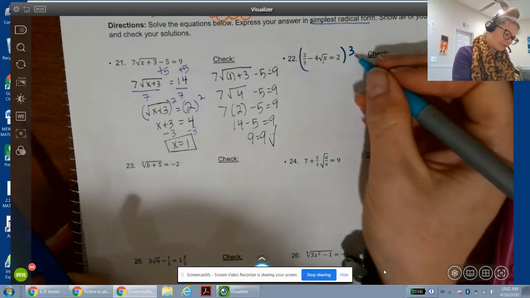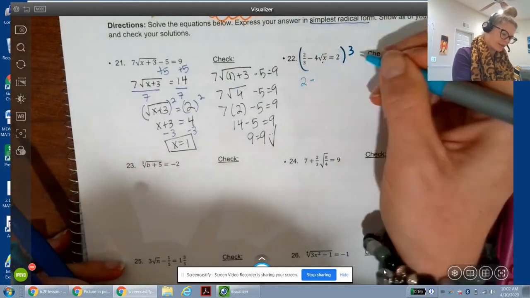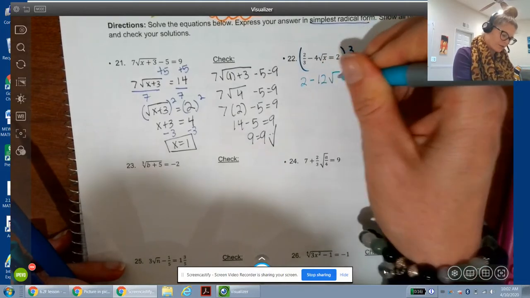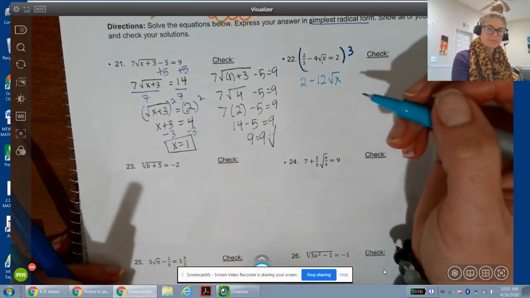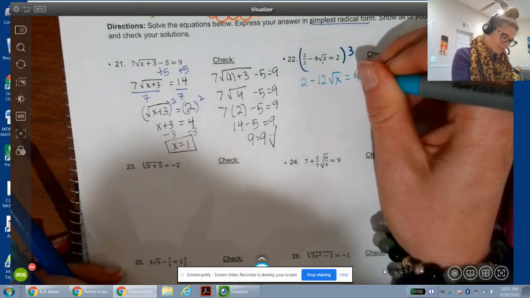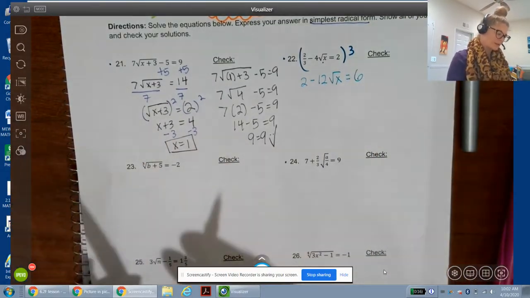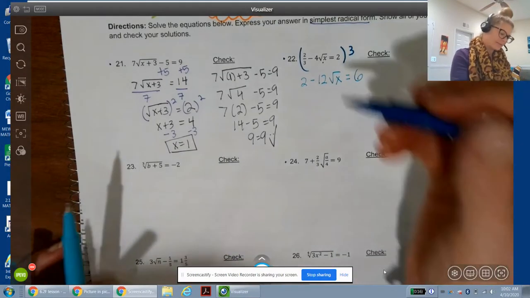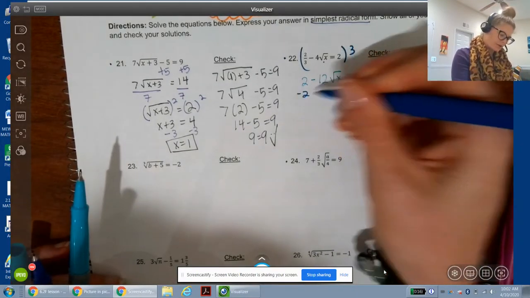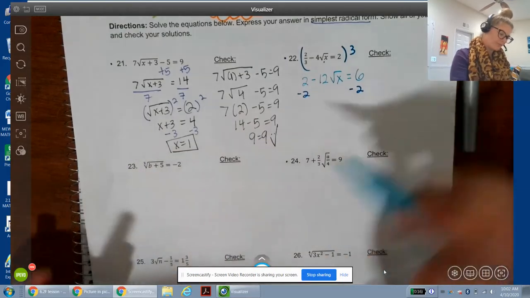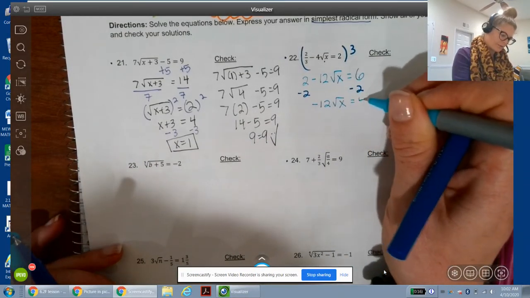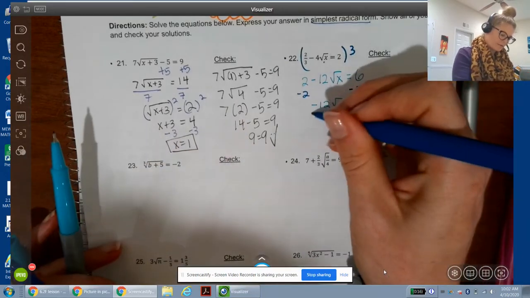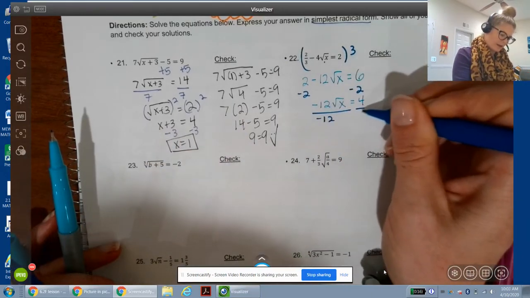Taking a look here, 3 times 2/3 is 2, minus 3 times 4 is 12. Square root of x stays there, numbers on the outside, multiply, simplify that radical. Equals 6. Cool. This looks a little bit more friendly. So from here, subtract 2 from both sides. We're going to get negative 12 square root of x is equal to 4. Divide both sides by negative 12.